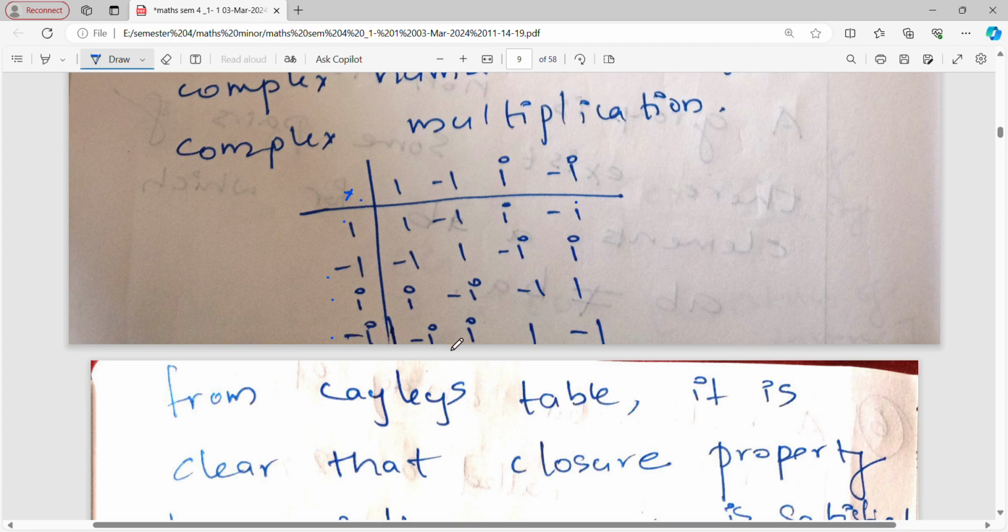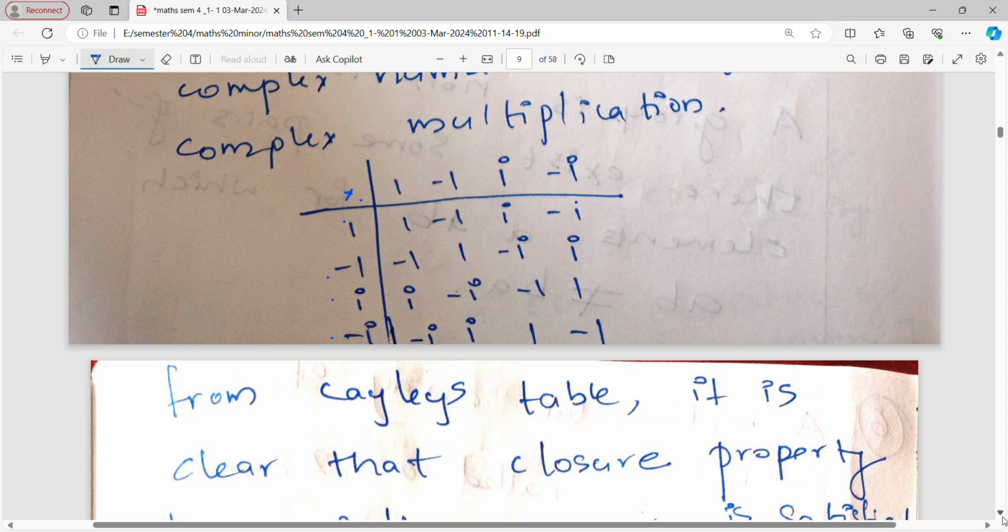Minus i multiplied by -1 gives you i. Then minus i multiplied by i gives you 1, and minus i multiplied by negative i itself gives you -1. So that's it. This is how you form a Cayley table.